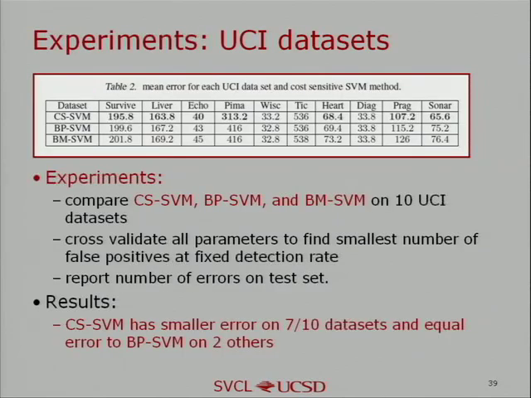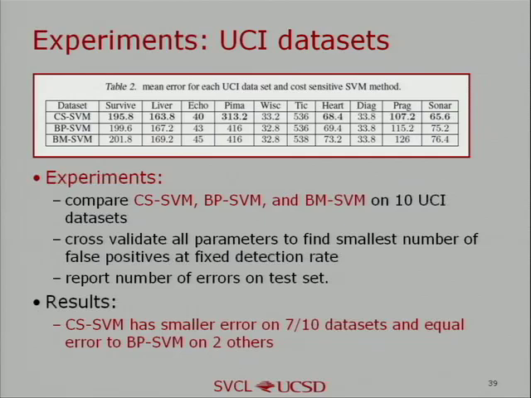But here we have some experiments that we've done using the cost-sensitive SVM, and we've compared it to the previous algorithms, the boundary movement SVM and the bias penalty SVM. The bias penalty SVM would introduce costs on the slack variables directly, and the boundary movement SVM would basically just change the bias of your final SVM.